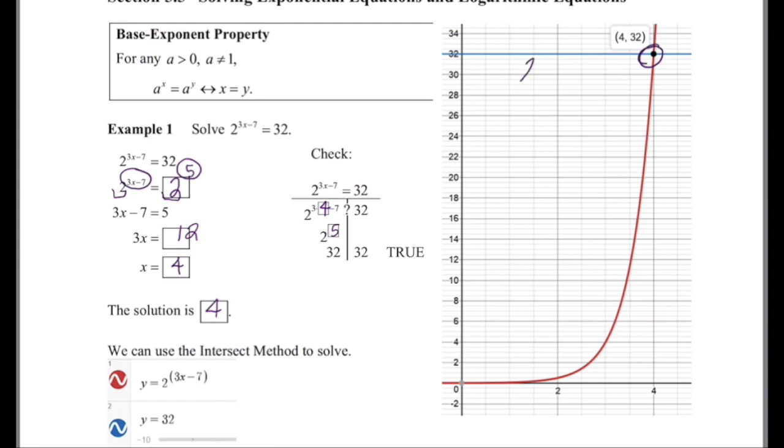My blue line here is y equals 32, and my red line here is our exponential equation, y is 2 to the power of 3x minus 7. And where they collide with each other, our x value, since we're solving for x, is 4.